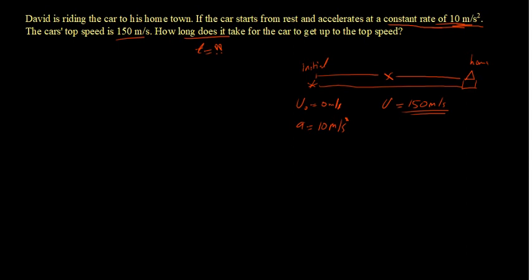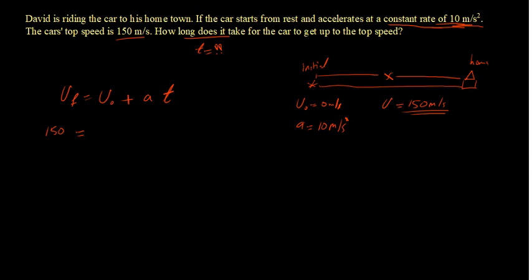So when we think about what is known and what is unknown among the variables in the kinematics equations, it is always good to have the equations printed on a sheet beside you. You will find that if I apply v final equals v initial plus acceleration multiplied by time, it will be the good equation to use. I know that the final speed is 150.